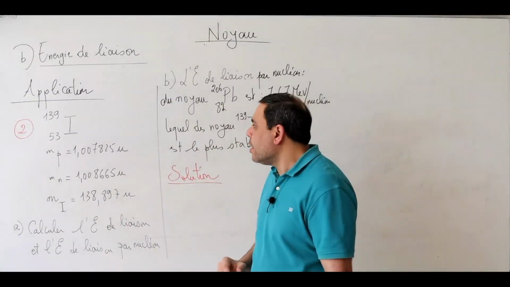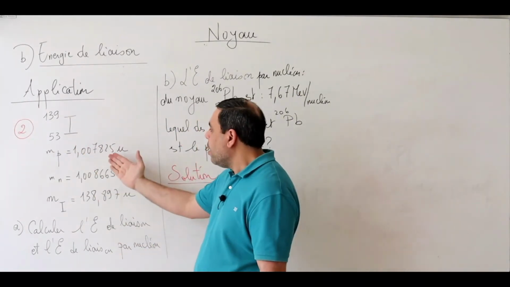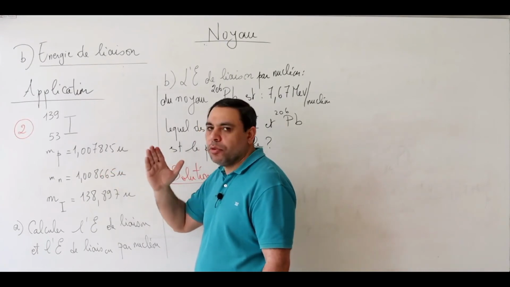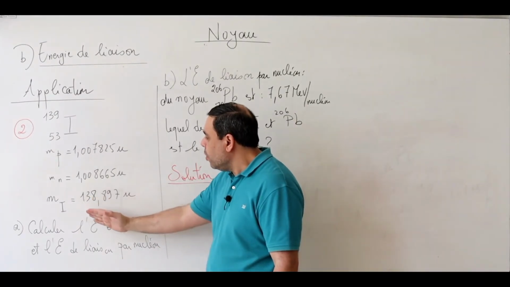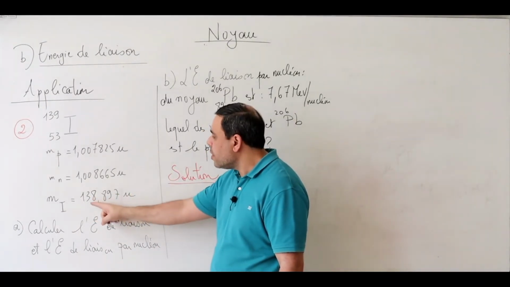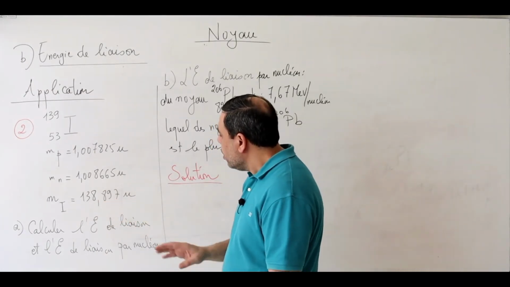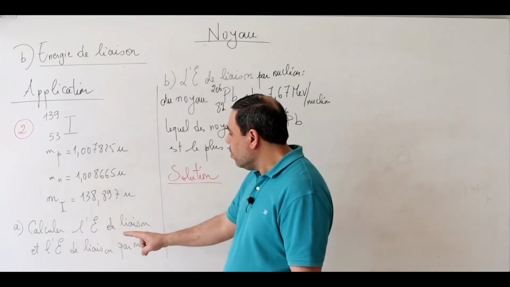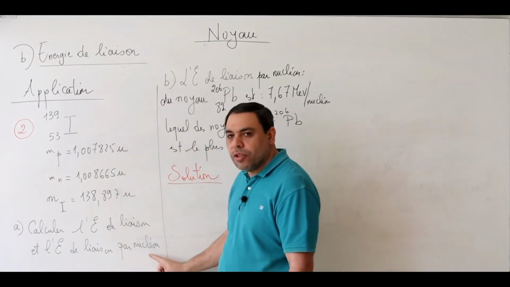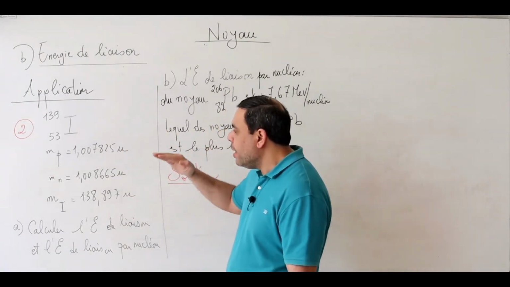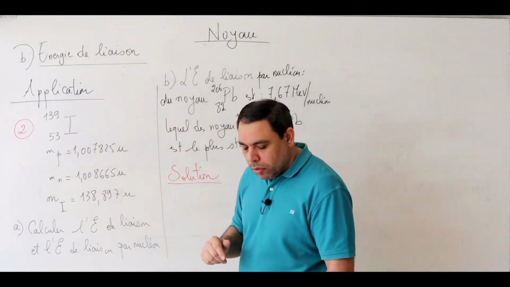Let's take another example. Consider the iodine 139 nucleus. The masses of the protons and neutrons are given in the free state. The mass of the iodine nucleus is 138.897 U. We need to calculate the binding energy and the binding energy per nucleon of this nucleus.